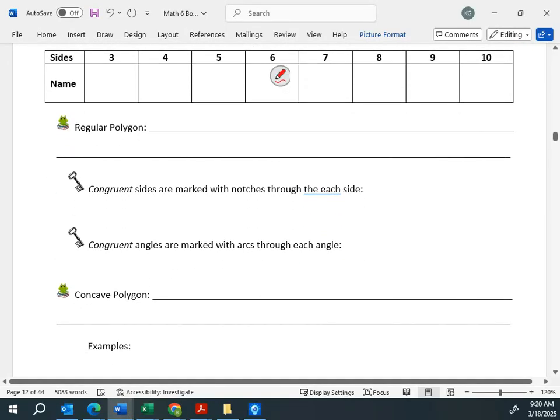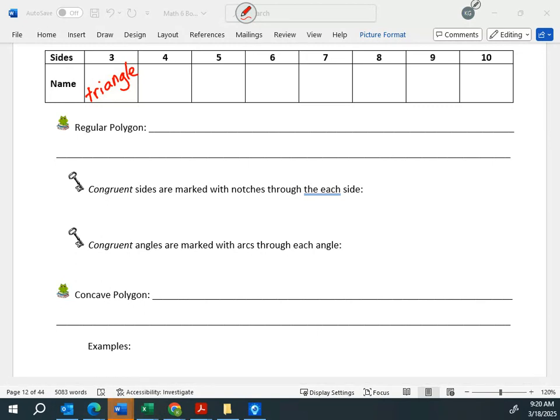So if it is a three-sided figure, we know that name. What is that? Three sides. I should see every hand in the air. What do we call a shape that has three sides? Bridget? Triangle. Think about what we learned with the four-sided shape.